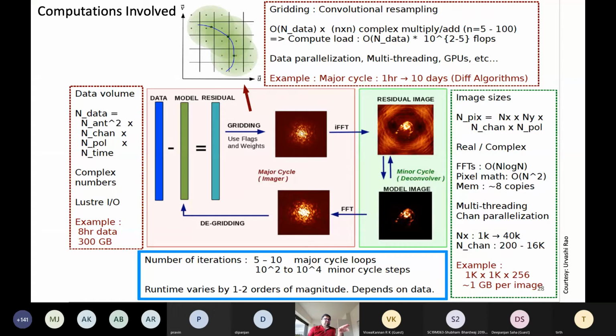There are two polarizations, right and left, and then the cross polarizations, so 4 in total, and then the total number of times. That is the total data volume coming in, and how each and every step contributes to the computing expense is summarized over here.